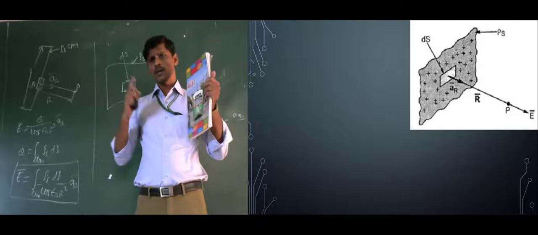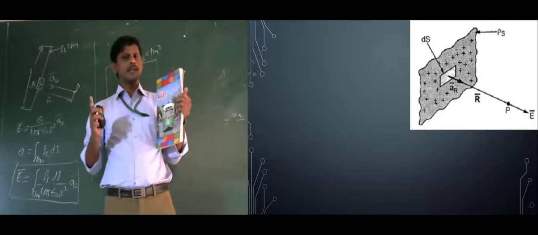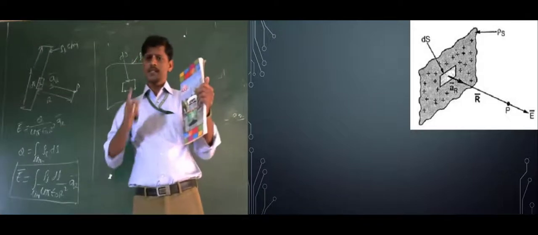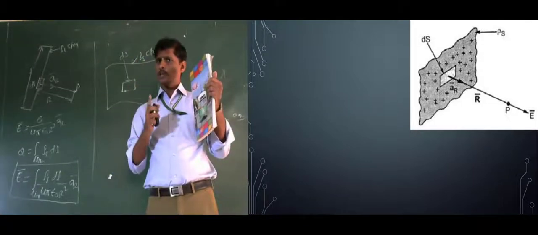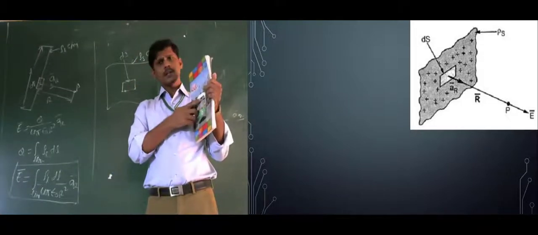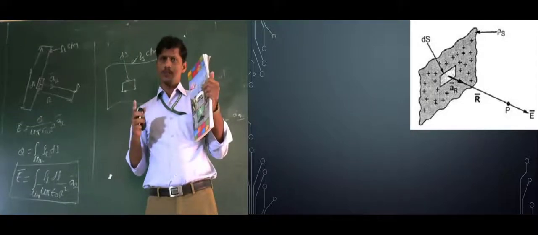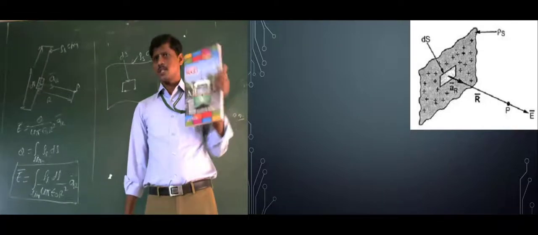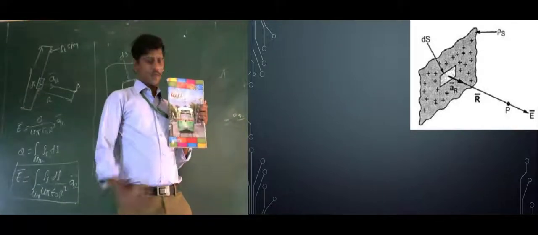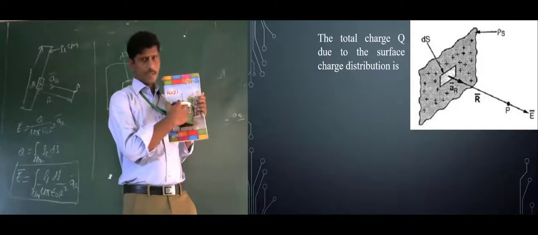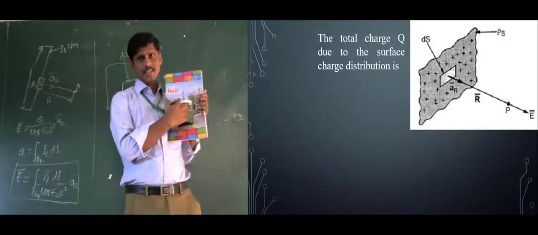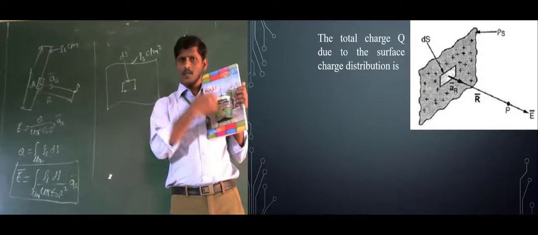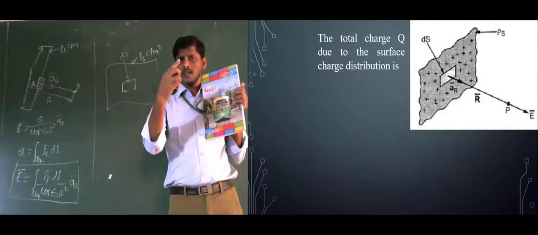Now here we want to calculate the electric field intensity due to surface charge distribution. Because of that, consider point P, perpendicular to the elementary surface sheet ds.